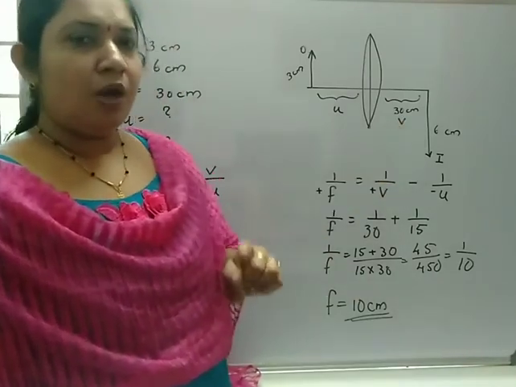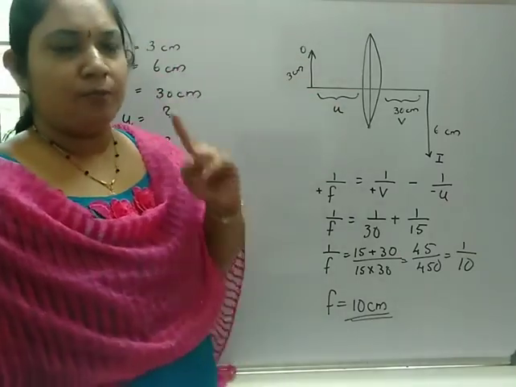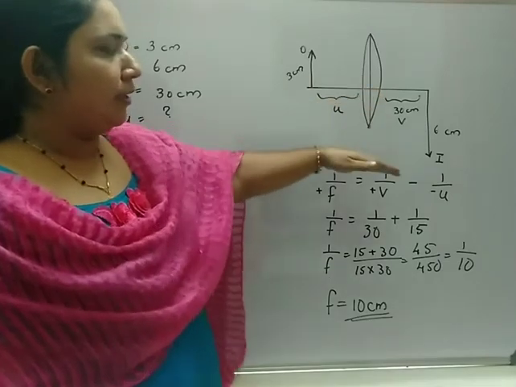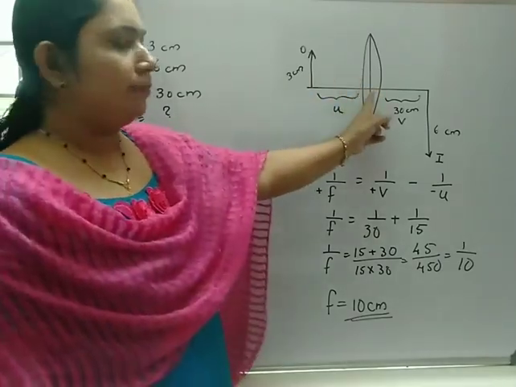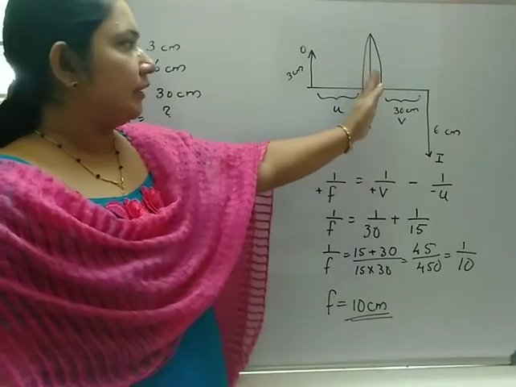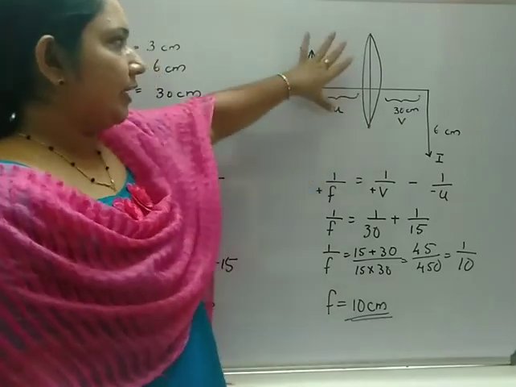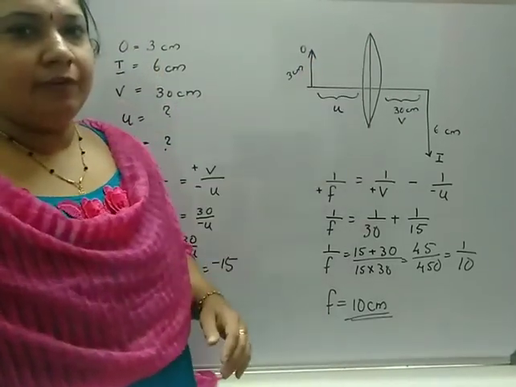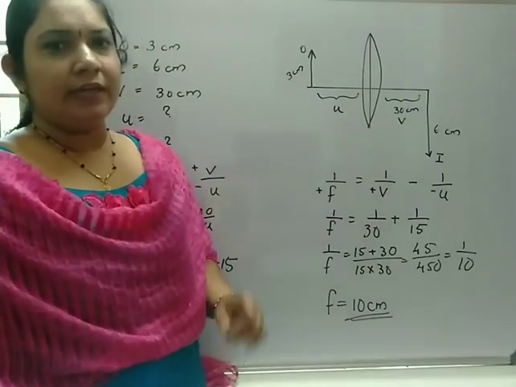And keep in mind, all measurements above the principal axis are positive, measurements below the principal axis are negative, and all measurements towards the left side of the lens are taken negative. On the opposite side, positive.